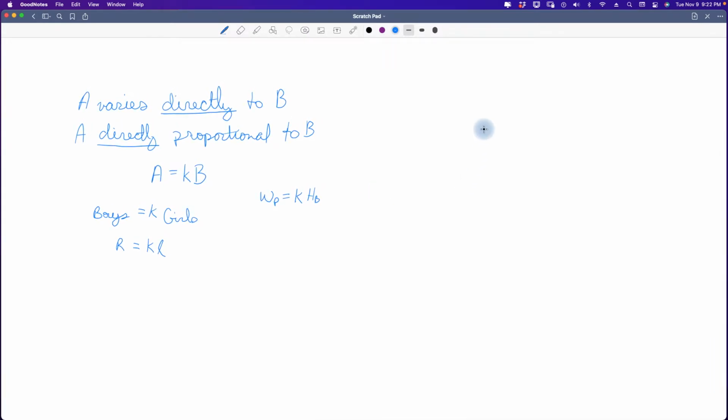Now we can look for a different word. We have a different formula for that, and that is going to be inversely. So when A varies inversely to B, or A is inversely proportional to B, that inversely word is what we're looking for.